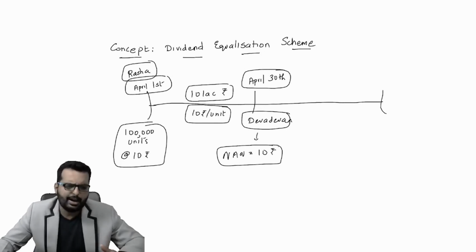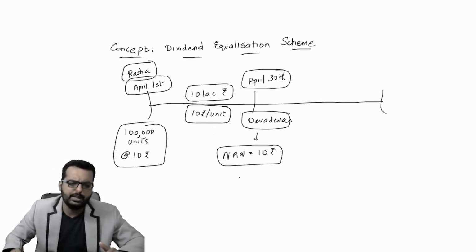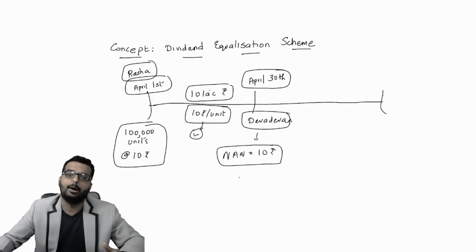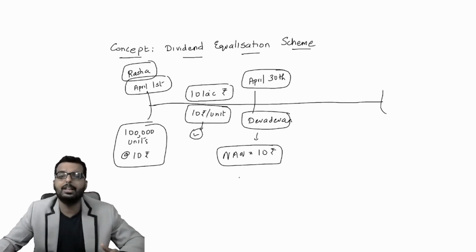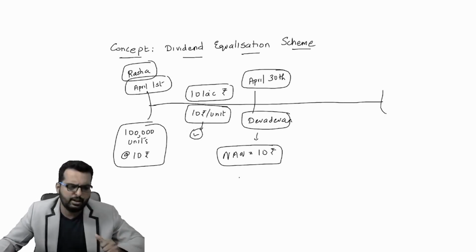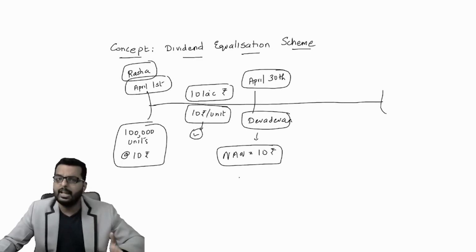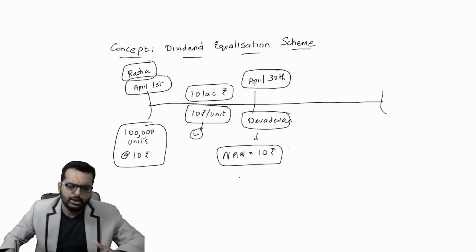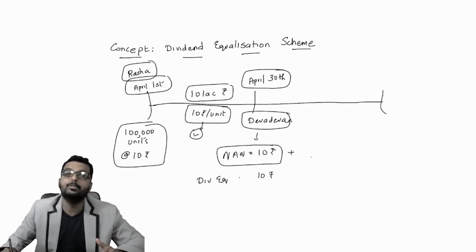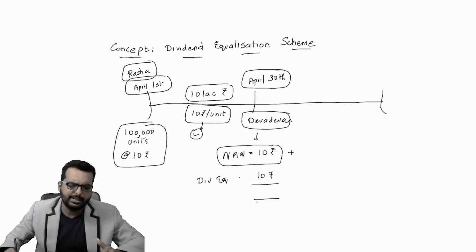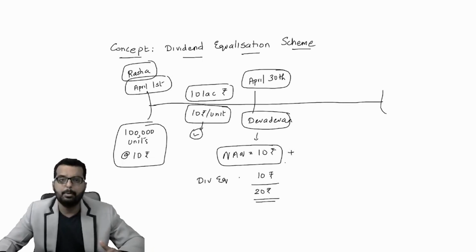The problem is that if he pays only 10 rupees, he will still be eligible for the earnings that came during a period when Devadevan was not even available. It was all Russia's hard work. So what they say is that when Devadevan is coming into the picture, he should bring not only the 10 rupees, he should bring another 10 rupees as dividend equalization. Total money that he should bring in should be how much? He should bring in 20 rupees per unit.